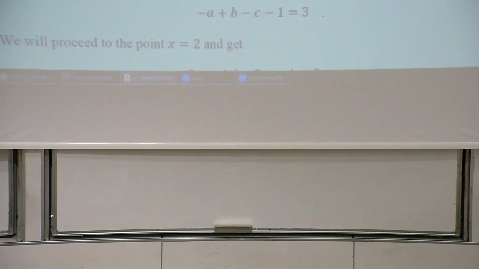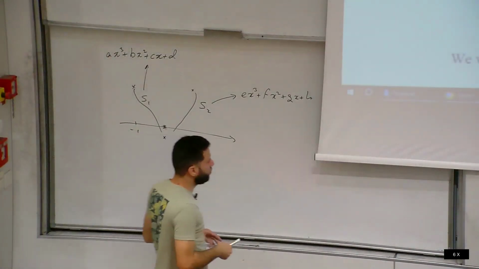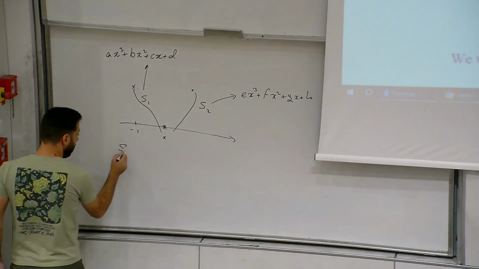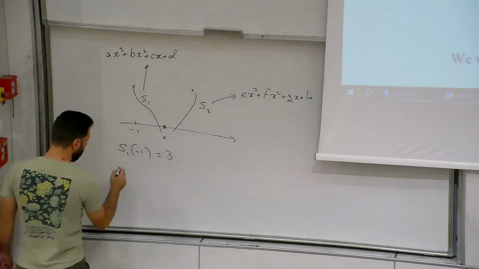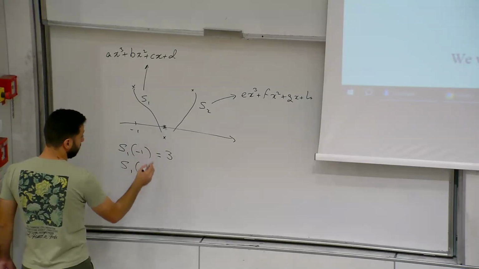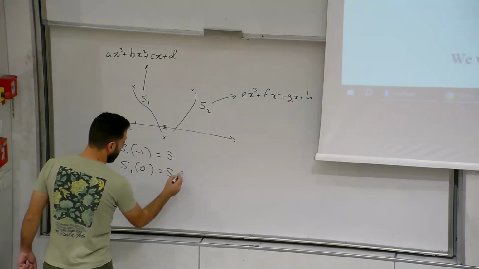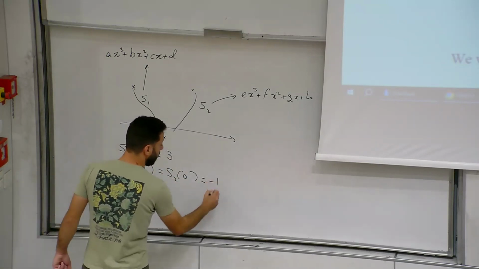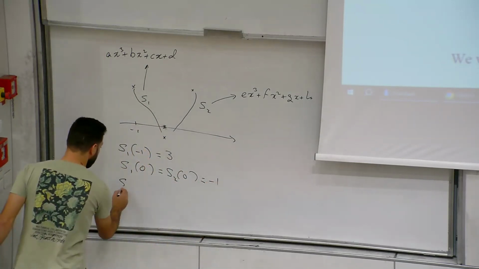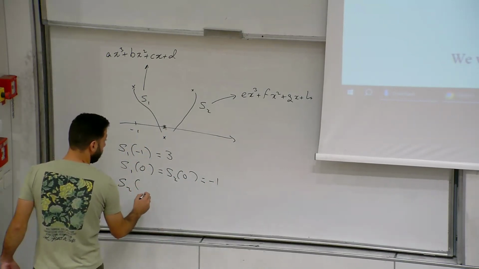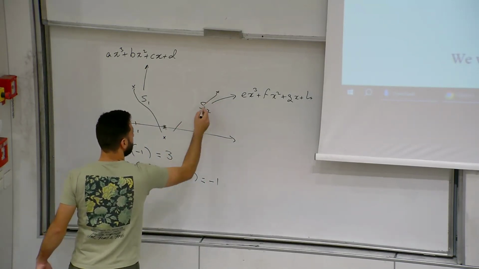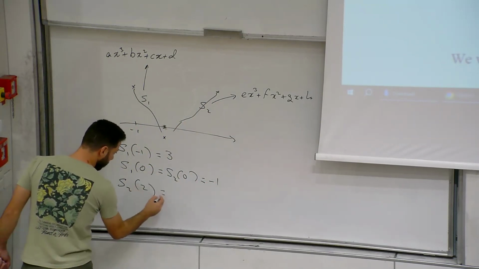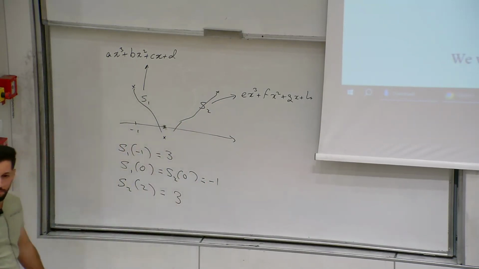Okay, so here are 8 parameters, and we want S1 at -1 to equal 3, S1 at 0 and also S2 at 0 to be -1, and S2 at 2 to equal 3. So here are 4 conditions.